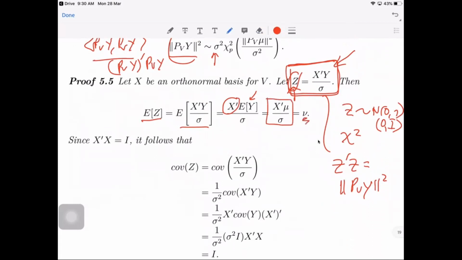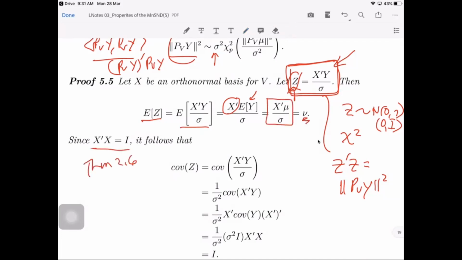Yeah, let me call that V. And then since x prime x is just the identity matrix, this is actually theorem 2.6, no? When you have an orthonormal basis matrix, then x prime x is just equal to the identity matrix.